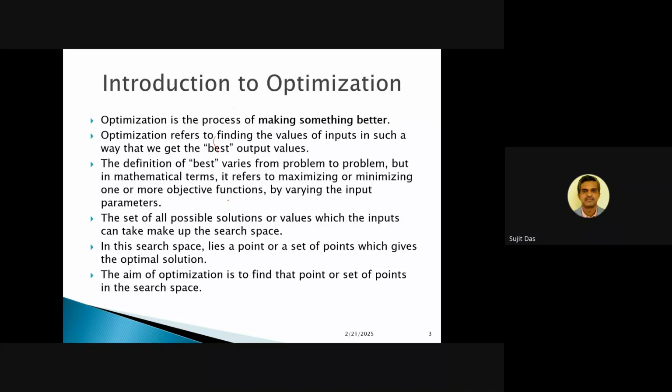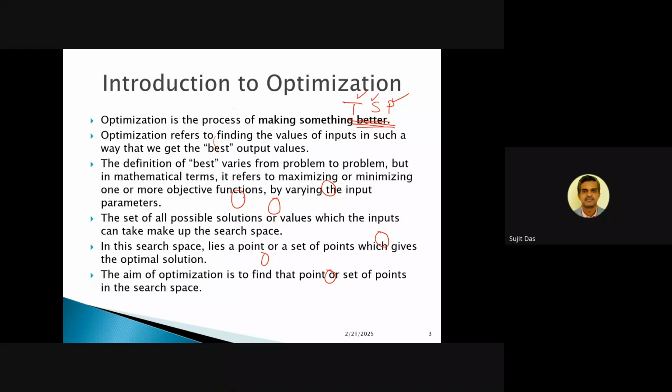In brief, we say TSP: T for traveling, salesman, P for problem. The problem itself, I think, is self-explanatory. Here, a number of cities are there. Suppose these are the cities.